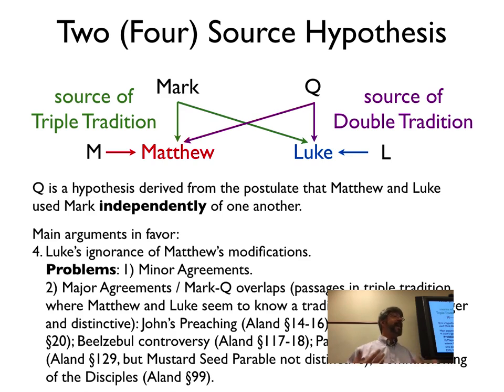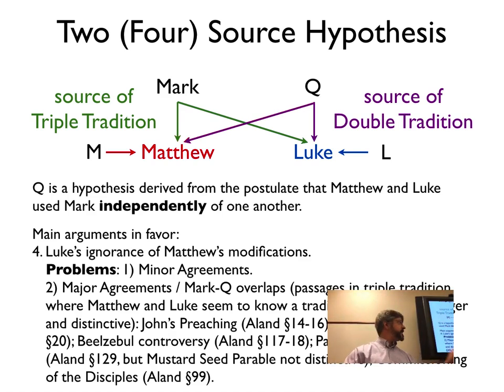Well, how do you explain that? And the way this model does is they say that, well, this is a Mark-Q overlap. Meaning it's a passage that appears in both Mark and Q, and Matthew and Luke both preferred Q's version. Now, ideally, you want the Markan part to be fairly distinct, because otherwise you end up with a problem of Mark and Q having verbatim agreement, which suggests that they have some knowledge of each other or something.